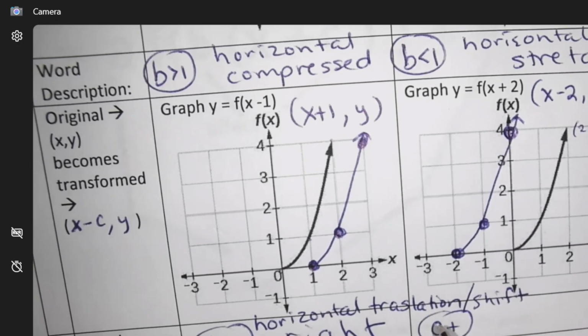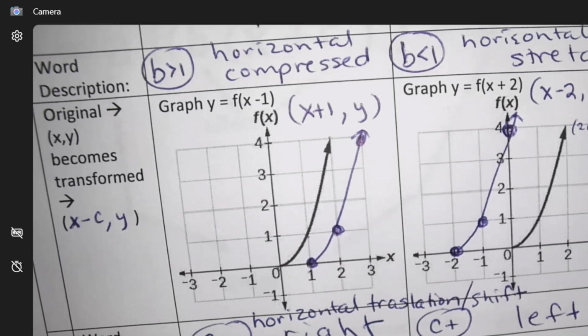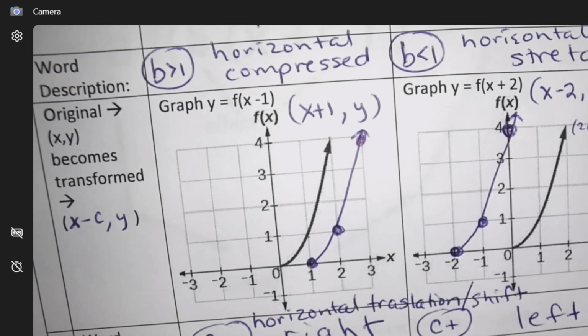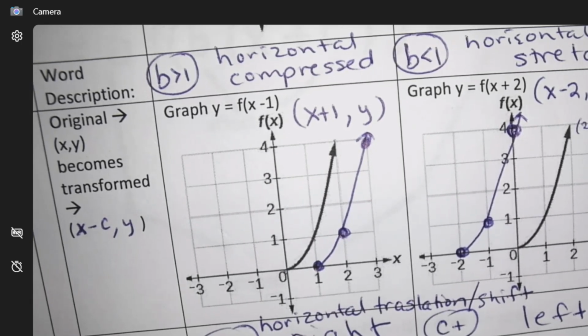So if C is positive, what happens if you're positive? You're actually going to move left. Horizontal shift or translation to the left.